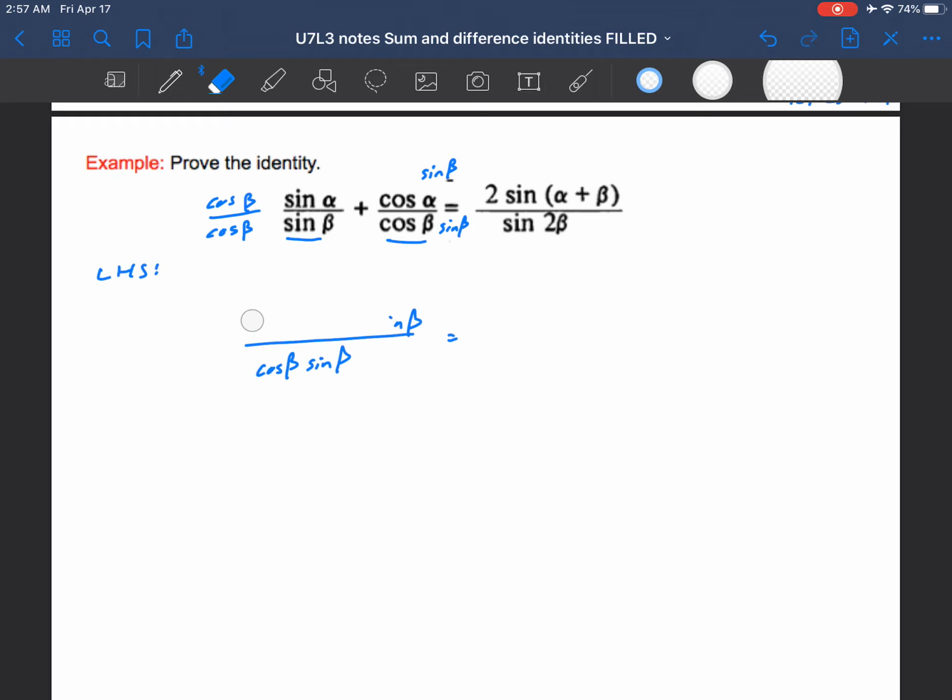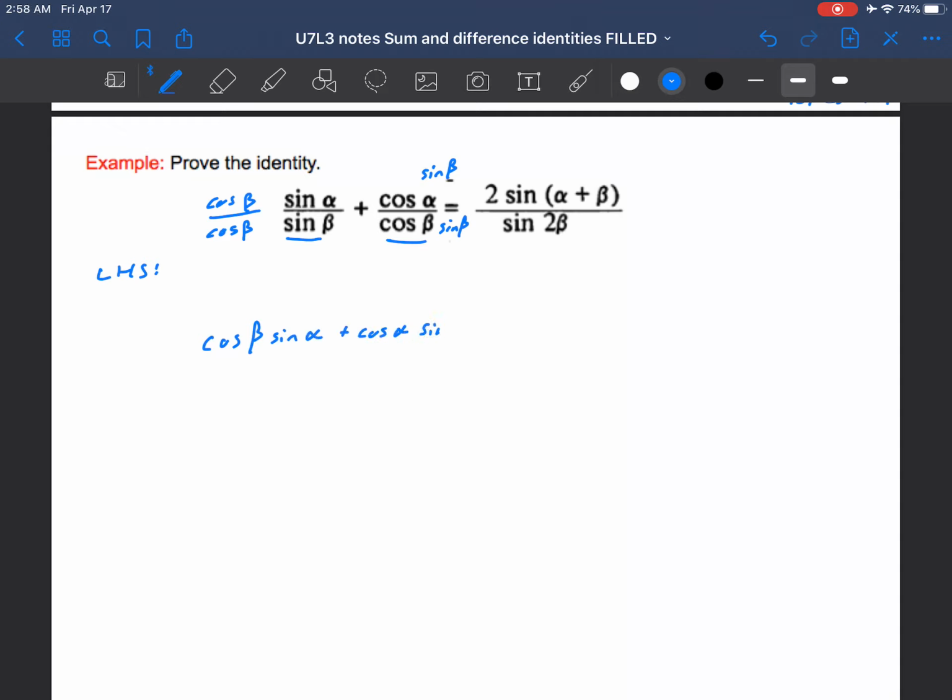So gotta rewrite this, guys. That's the kind of day it's been. That's all right. So this is cos beta sine alpha plus cos alpha sine beta all over cos beta sine beta.